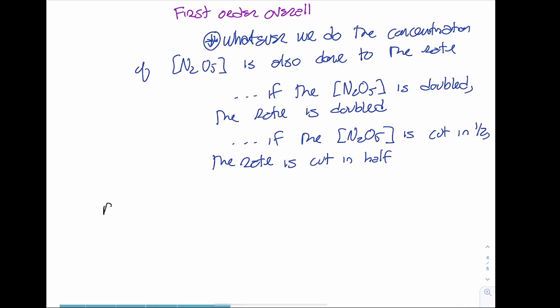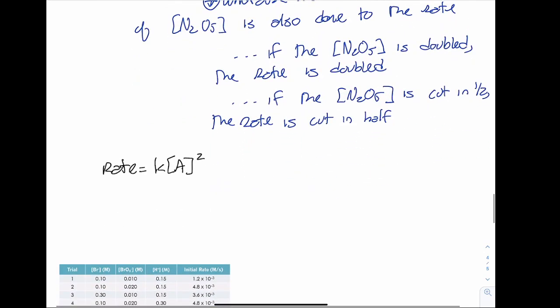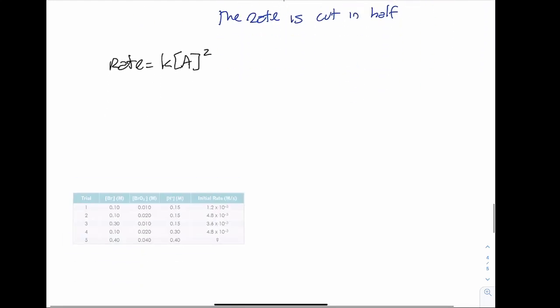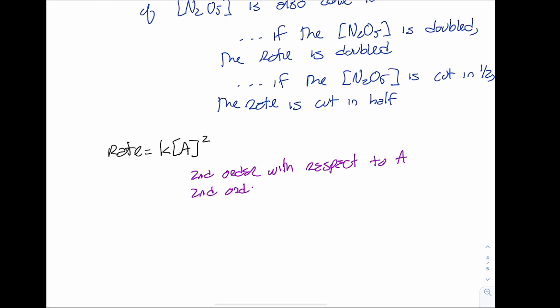If I had a rate law, and I'm just going to use A this time because I don't have an actual example for us, I'm going to put a 2 there. We would say that this is second order, because I have a 2 there with respect to A. It's also second order overall.